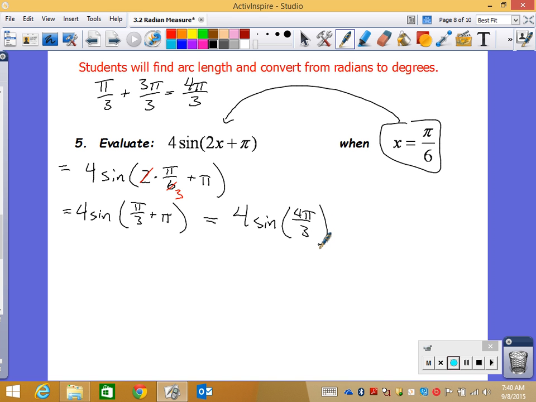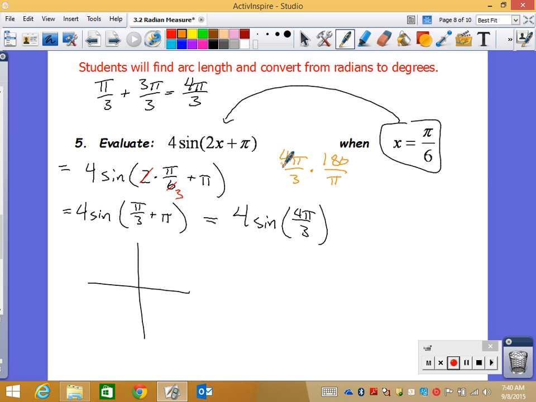Okay, with that, we can draw our angle if we know what 4 pi over 3 is right away. If not, we can go through the conversion factor again. Since we're going from radians to degrees, we multiply 4 pi over 3 by 180 over pi.